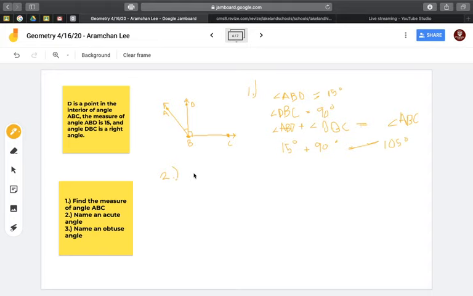So we can conclude that angle ABD is an acute angle.